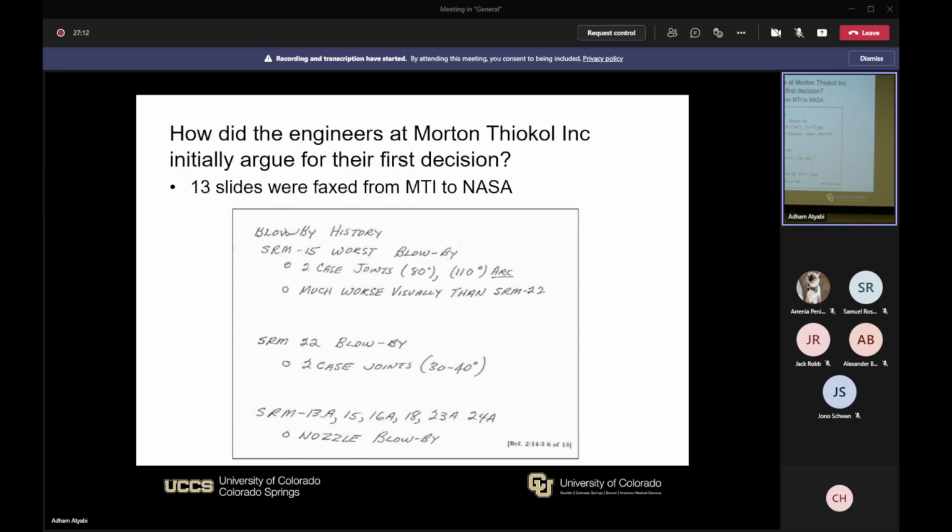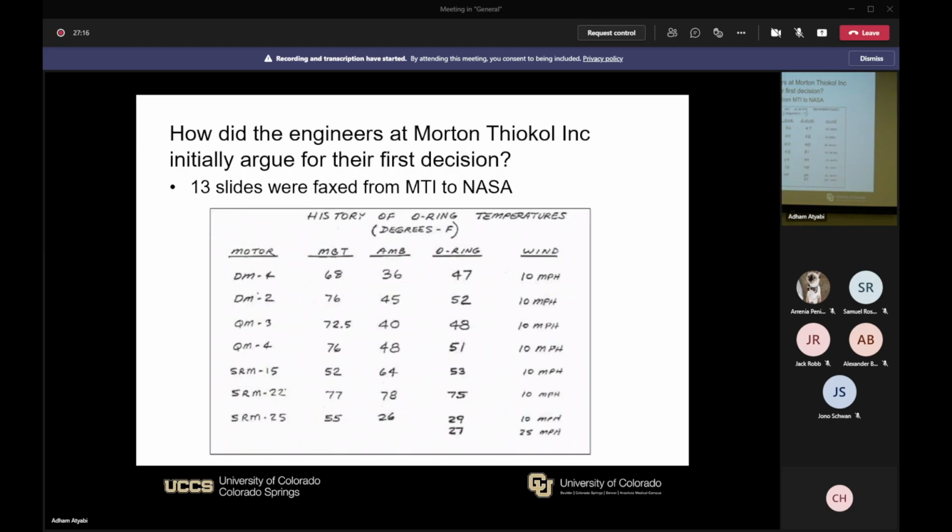And so the parade of anecdotes continues to this one. So by linking the blow-by chart to the temperature chart, those who favored launching the Challenger spotted the weakness in the argument.